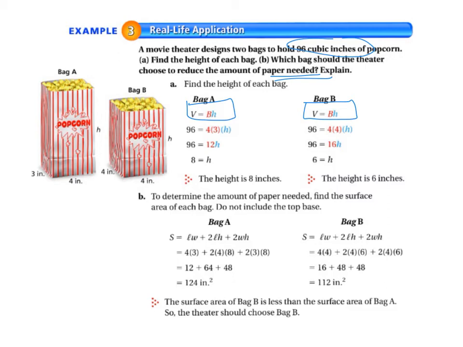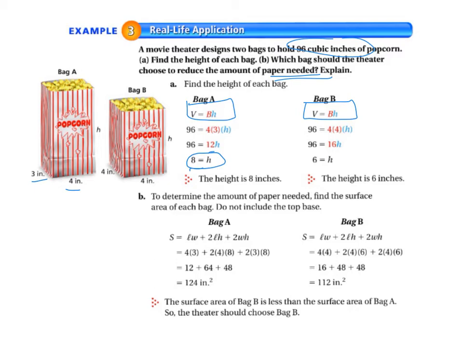So in bag A, the base is 4 times 3, base with a big B, and we don't know the height. So it's 4 times 3 equals 12 times h, so we're solving for h. So we need to divide both sides by 12, and when we do that, we get h equals 8 inches.